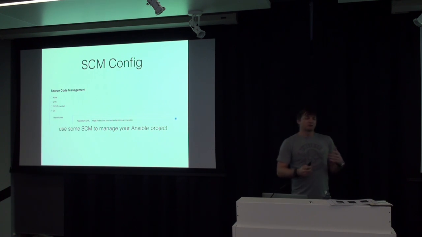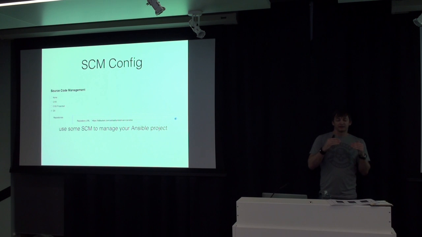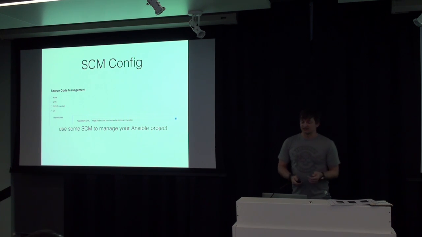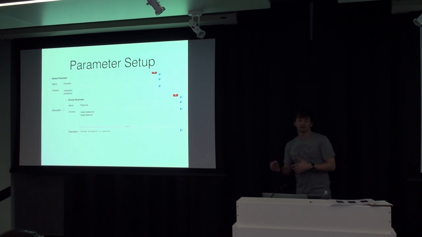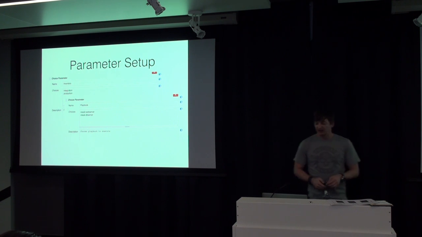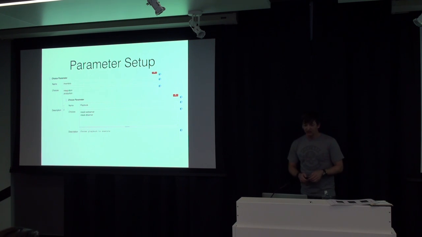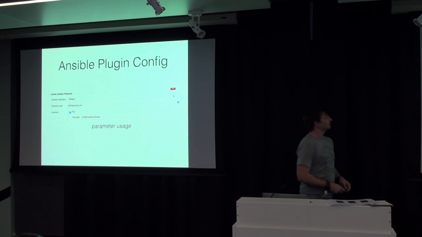And of course, we want to say, okay, we want to run this playbook on this inventory. And for this, Jenkins is supporting parameters, and we can define parameters for our inventory and our playbook and list the possible options there. And then we configure the Ansible plugin, and I don't know if you can see it.